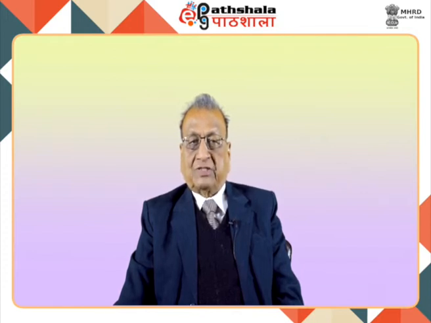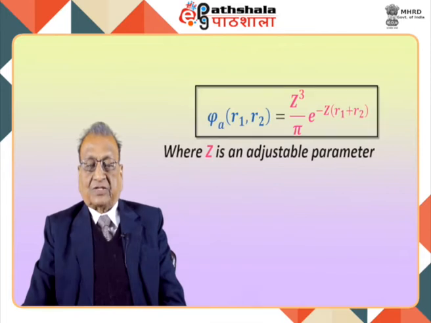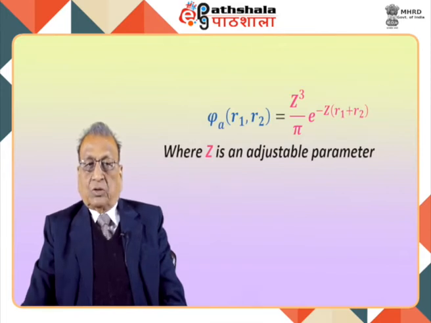For this purpose, we take guidance from the hydrogen atom, and we write the approximate wave function such that the only thing is we choose the charge as an unknown adjustable parameter and go ahead with the solution of the Schrodinger equation with this approximate wave function.